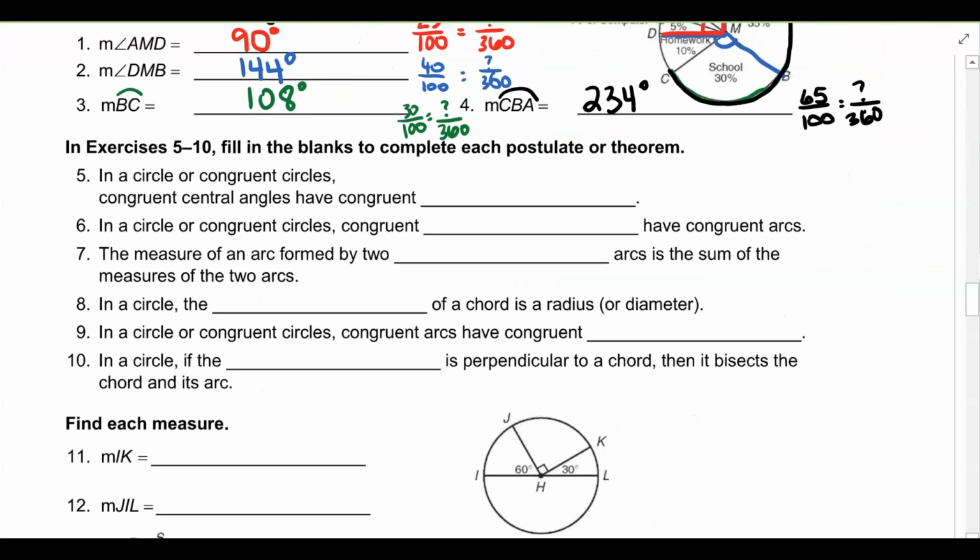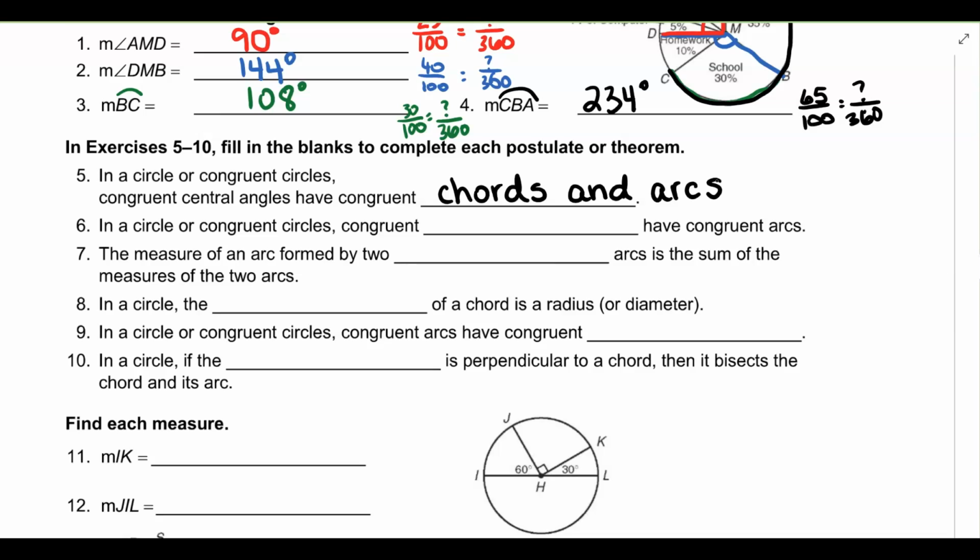Next, have some fill in the blanks here. In a circle or in congruent circles, congruent central angles have congruent chords, technically, and arcs. So there are congruent chords and congruent arcs within congruent central angles.